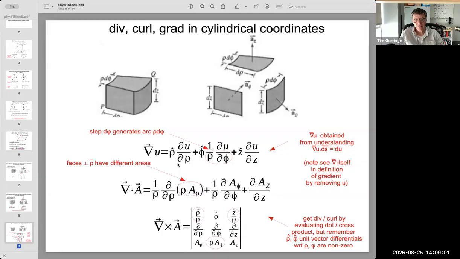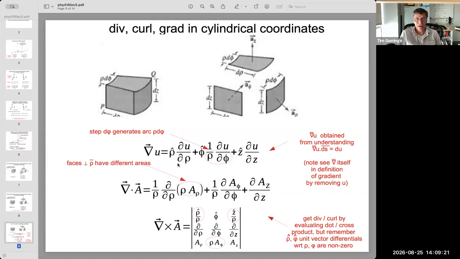This slide contains div, curl, and grad, or in the order of the slide, grad, div, and curl in the language of cylindrical coordinates.